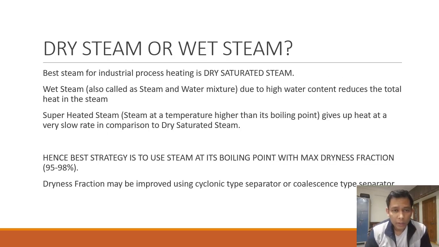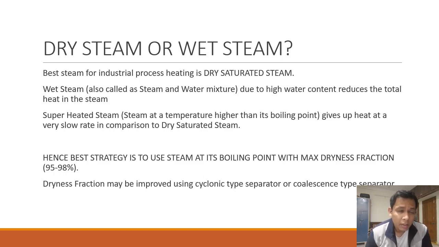Now, whether you should use dry steam or wet steam. The best steam for any industrial process heating is dry saturated steam. Wet steam is actually a mixture of steam and water having a dryness fraction less than 90%, and due to the high water content it reduces the total amount of heat which can be carried in the steam.